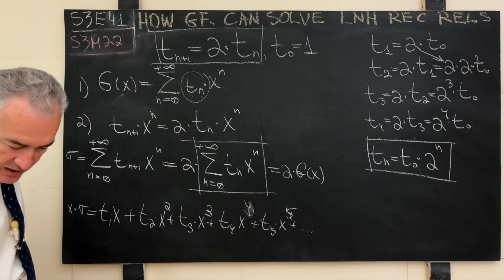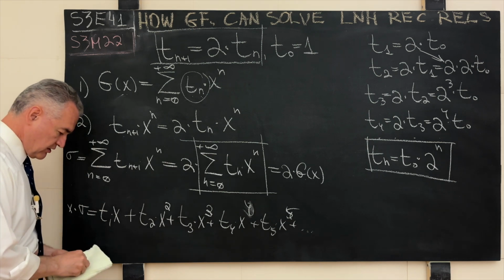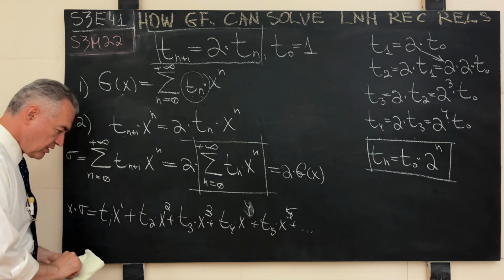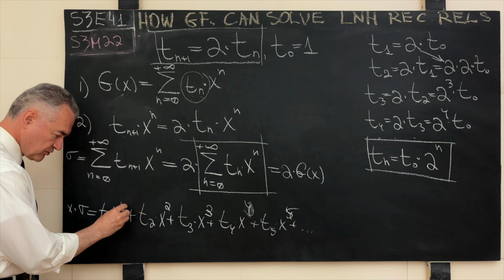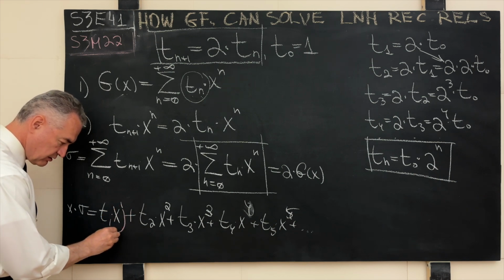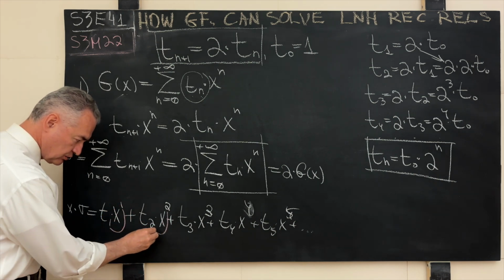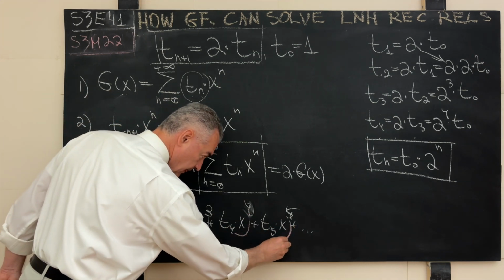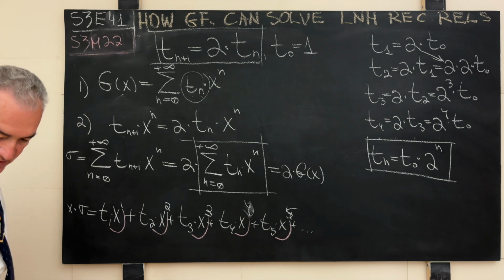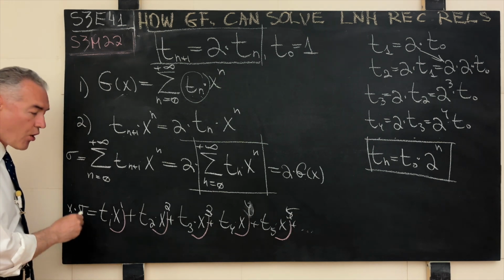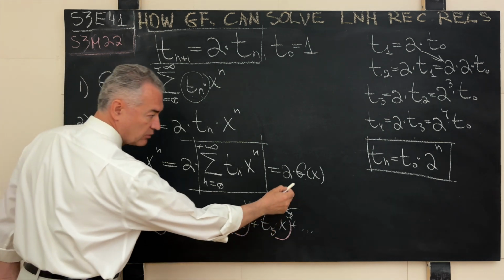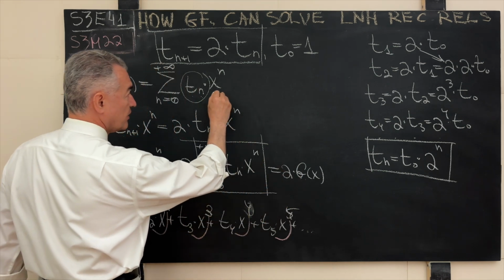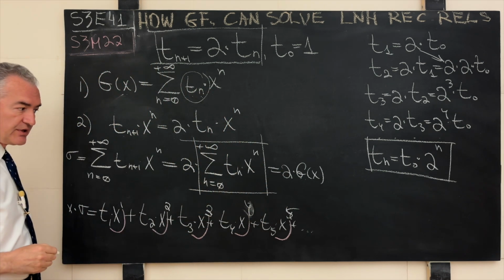And what does that mean? That means that now, if we mark this power explicitly as 1, the powers of x and the indexes of the coefficients t match exactly. Look at this: 1 to 1, 2 to 2, 3 to 3, 4 to 4, 5 to 5. What does it tell you? Well, it tells us that we almost have a complete portrait of our generating function g of x, with the exception of what?